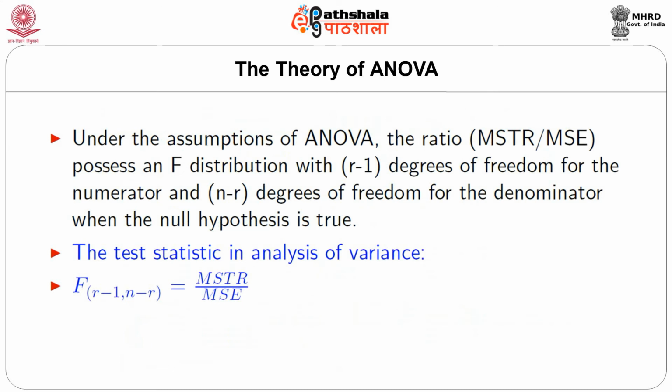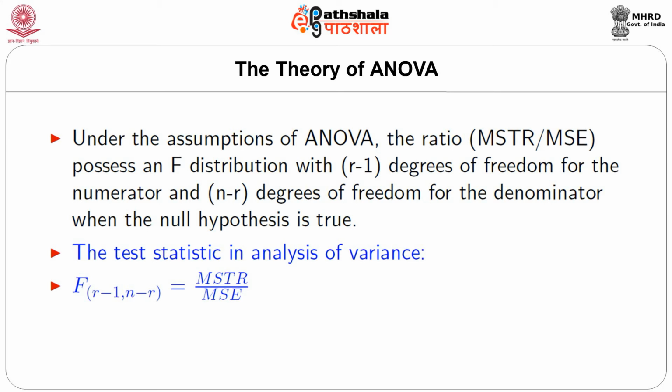Under the assumptions of ANOVA, the ratio MSTR by MSE possesses an F distribution with r minus 1 degrees of freedom for the numerator and n minus r degrees of freedom for the denominator when the null hypothesis is true.